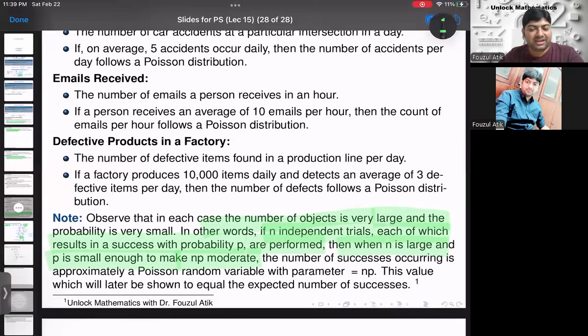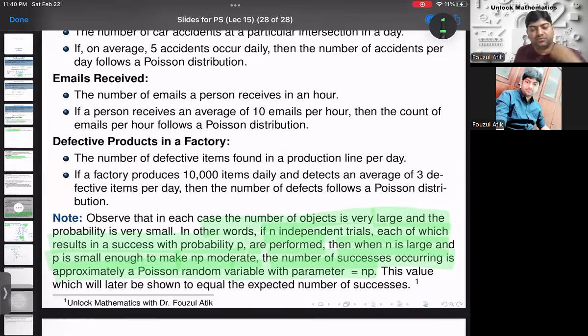So whenever n is a big number, p will automatically be a small number, because one time success is p, right? So n into p will be a moderate number. So the number of successes occurring is approximately a Poisson random variable with parameter n into p.